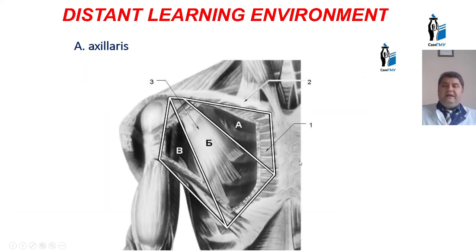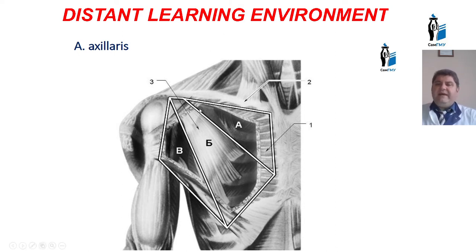And let's talk now about the axillary artery. The axillary artery is the continuation of the subclavian artery in the axillary fossa. And you may see the projection of this artery on the anterior wall of the axillary fossa. You may see that this artery has 3 parts, and each part has a projection on the region.